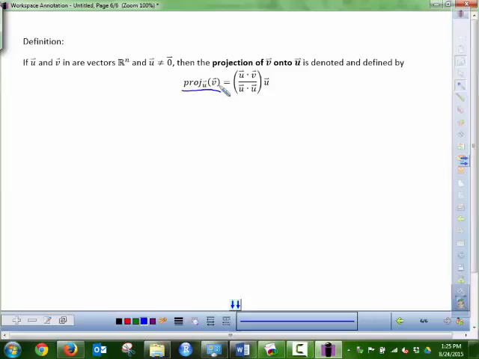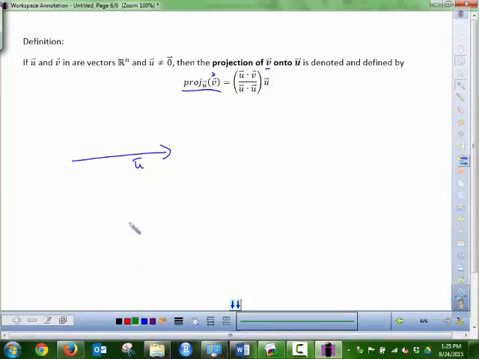You know what I mean by parse? You just go through it and identify the different components and understand what they mean. So this is PROG, stands for projection of V onto U. So notice that this is V, that's your argument, onto U, which is the vector that you're going to project onto. So what does that mean?